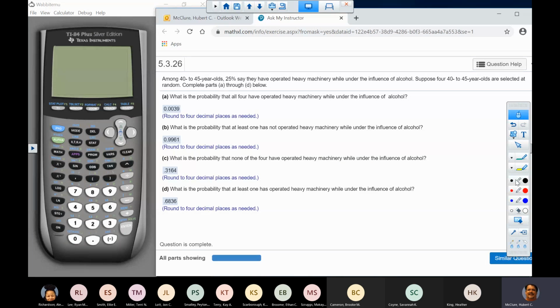So I have to rewrite everything again. This is 0.25 raised to the fourth power, and of course this is the complement of this, which is 1 minus 0.25 to the fourth power.